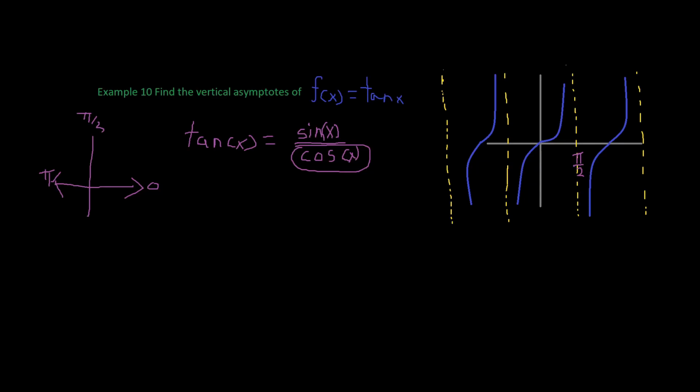So we gotta figure out more points where cosine is 0. So what other places is cosine 0? 3 pi and a half. Alright, what else? Negative pi and a half, right? Negative numbers too.